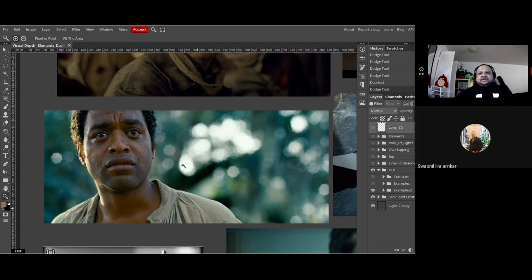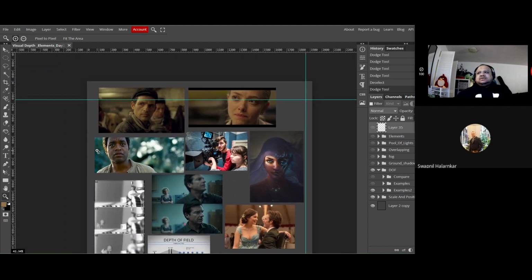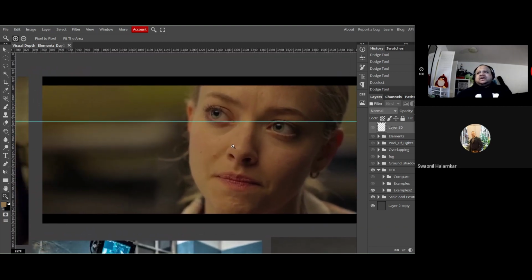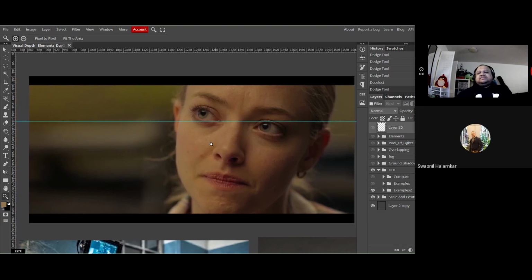Everything else is defocused, and that's why you can feel that emotion. Same here. This was what I was talking about. If this was that close up, that previous image would have worked with that much defocus. And same, we can focus on the character's eyes here. See, other things are defocused, and we know where to look.